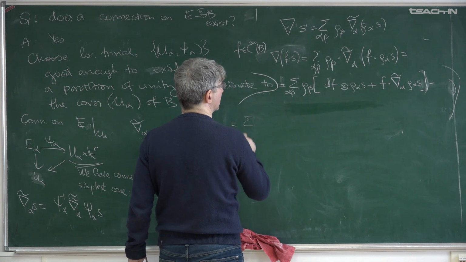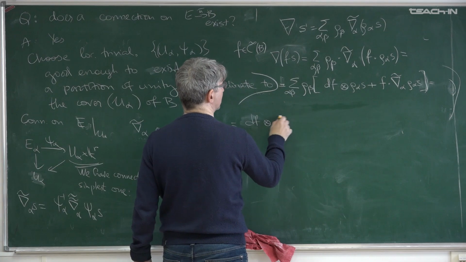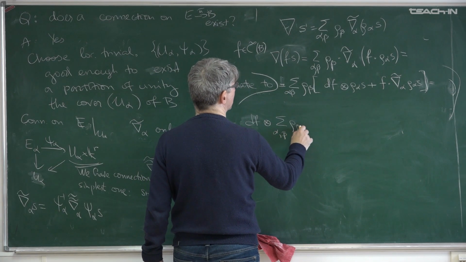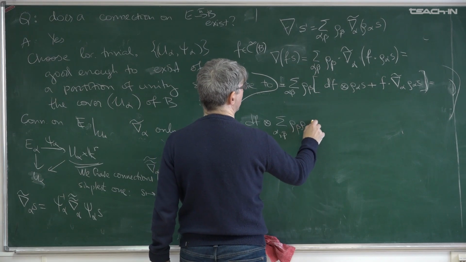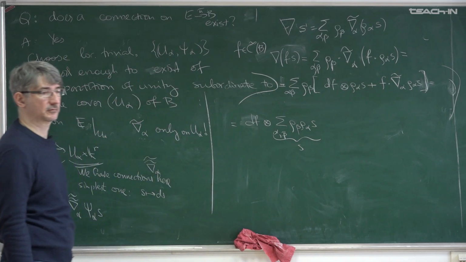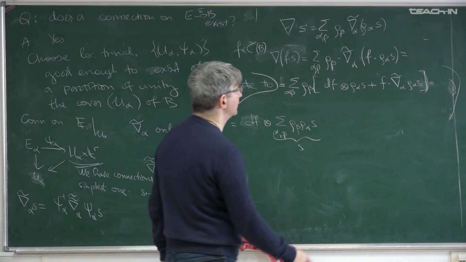So first df tensor product with the sum over alpha, beta of rho alpha s. I believe that this one is just s. And what happens here?